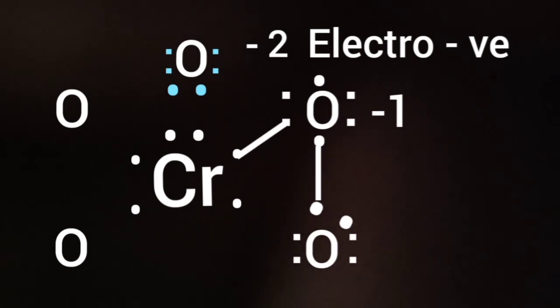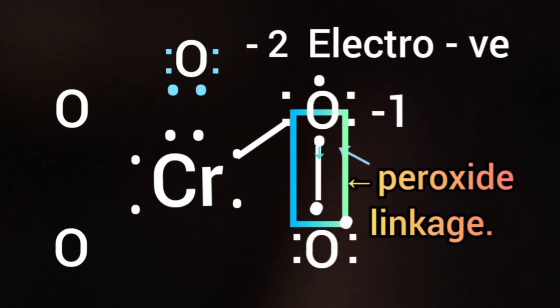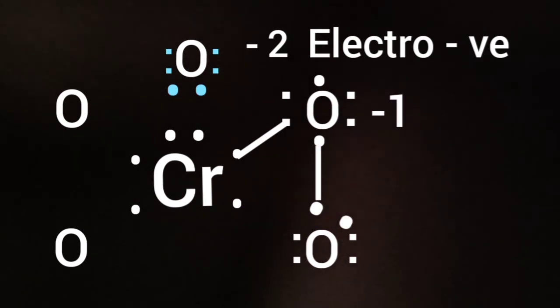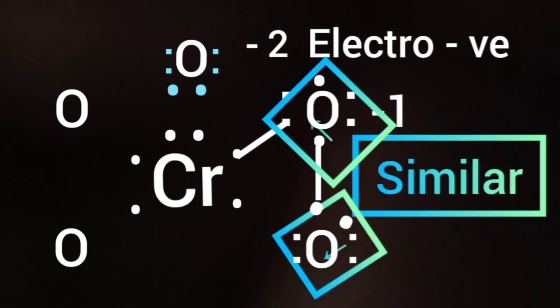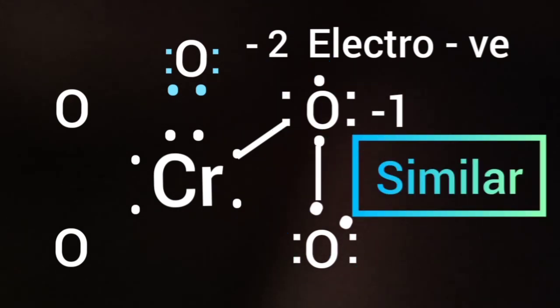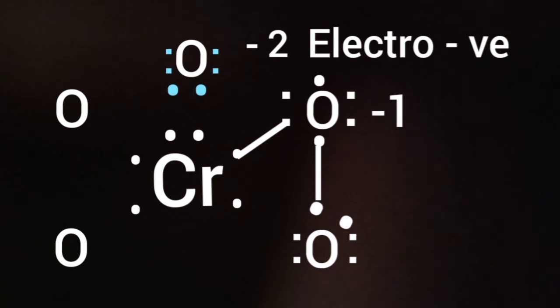No doubt this oxygen contributed 2 electrons, but the electron contributed by this oxygen to form a single bond with the other oxygen of the peroxide linkage is not taken into consideration because those 2 atoms are similar. The electron forming a bond with a similar atom is not taken into account in the calculation of the oxidation number of this oxygen.